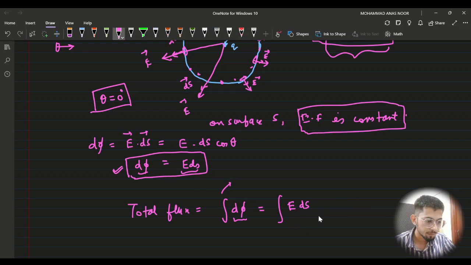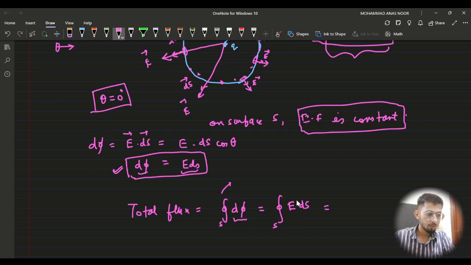Now see, this is a closed integral over the surface. I told you the constants are taken outside the integral. This is a normal thing to evaluate an integral. The constants are taken outside, and the variables are integrated and then solved.